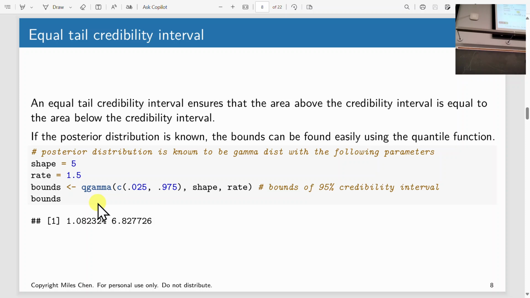This is your density, basically your PDF or your PMF, okay? P is going to be your cumulative distribution function. That's going to be your CDF. And then Q is basically the inverse CDF. Okay, and then R is for random generation.